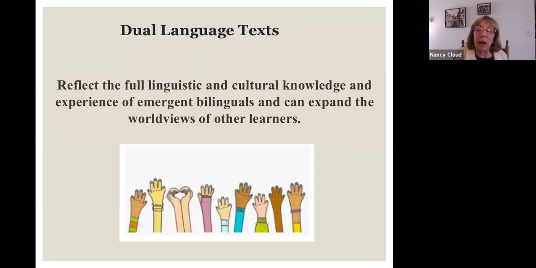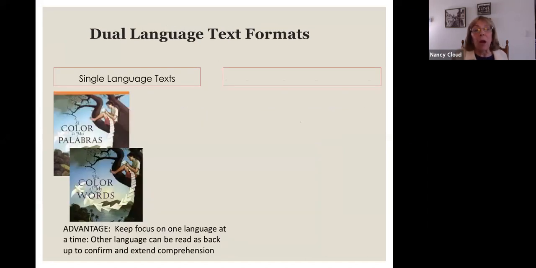Now, another thing we have to decide is whether to use a single language or a dual language text, because this is what translanguaging is all about, we want to reflect the full linguistic and cultural knowledge and experience of bilinguals. So sometimes we can find a book that exists independently in both languages, such as I'm showing on the screen.